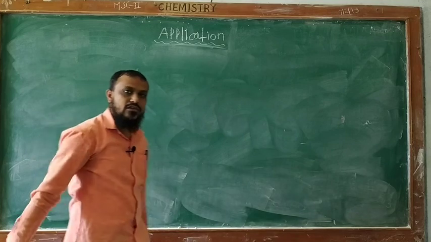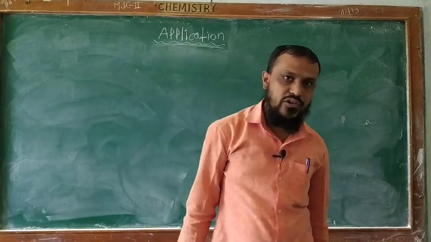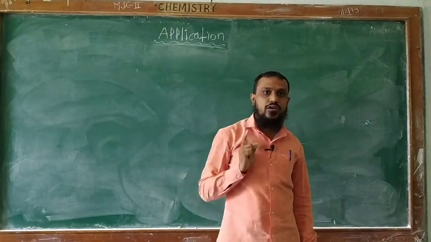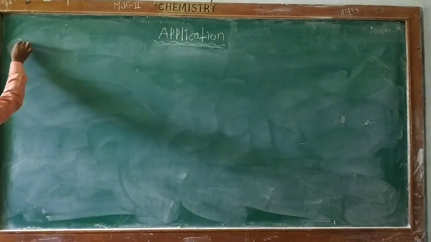Now the third application of Umpolung concept by the use of Umpolung reagent 1,3-dithiane is formation of beta-hydroxy carbonyl compound. Third application.